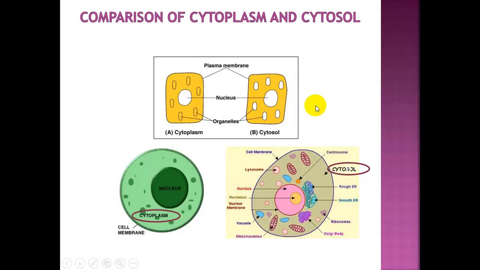At the bottom left, you can see that a cell consists of a cell membrane, cytoplasm, and nucleus. At the bottom right, you can see that the cytosol is all that is included in the semi-fluid liquid found inside the cell but not inside the nucleus and not inside the organelles.